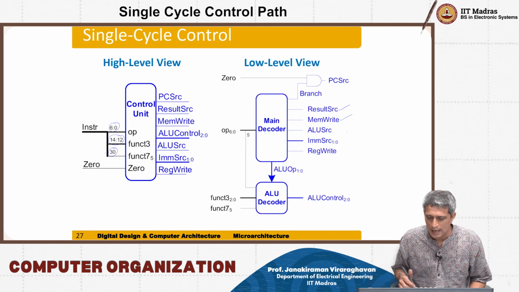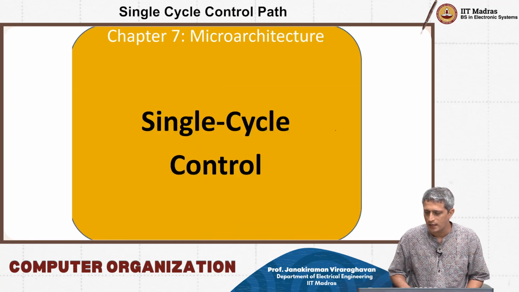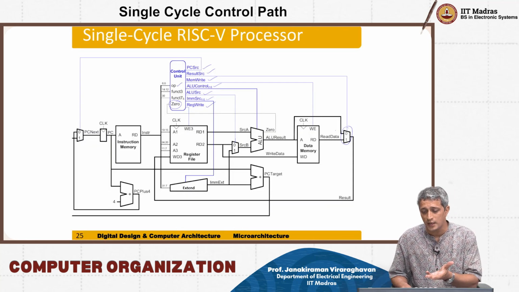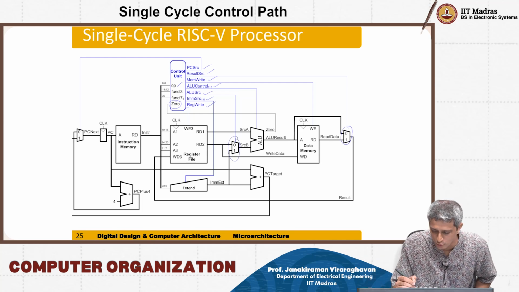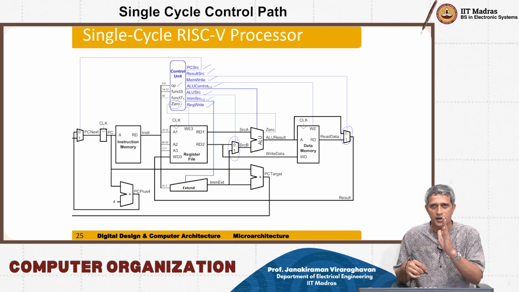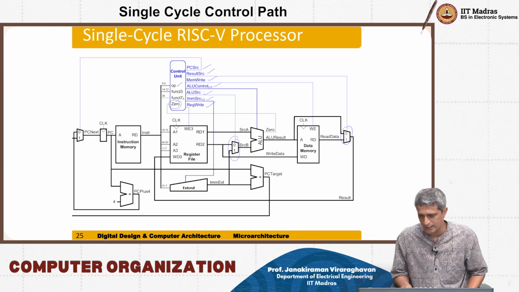And after that you have the ALU source here. ALU source is this mux here, and it is going to choose between register data as the second operand to the ALU or immediate data.